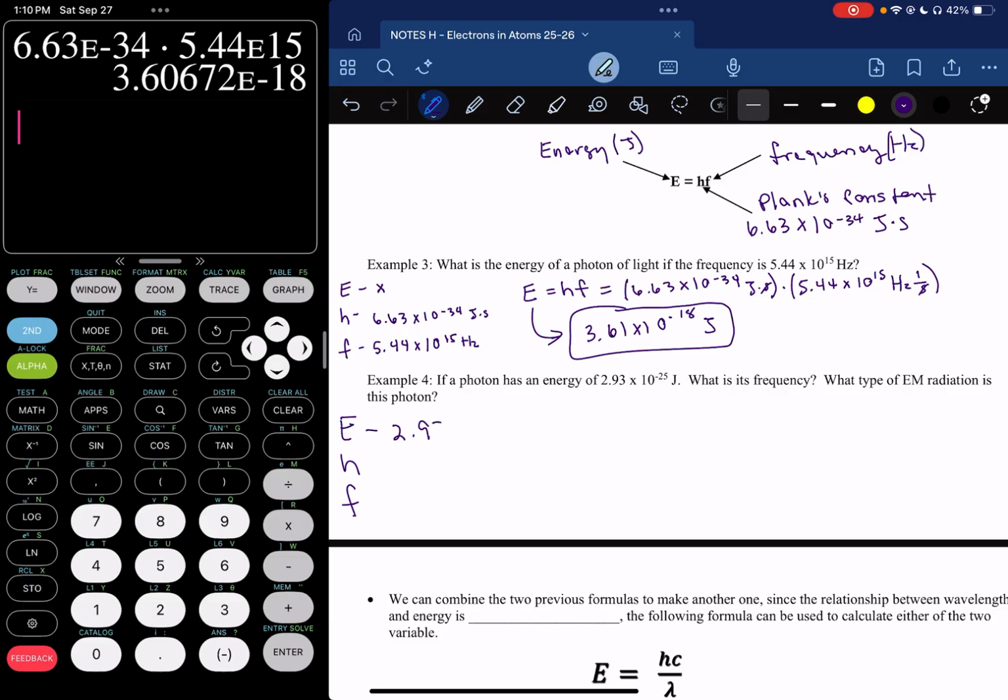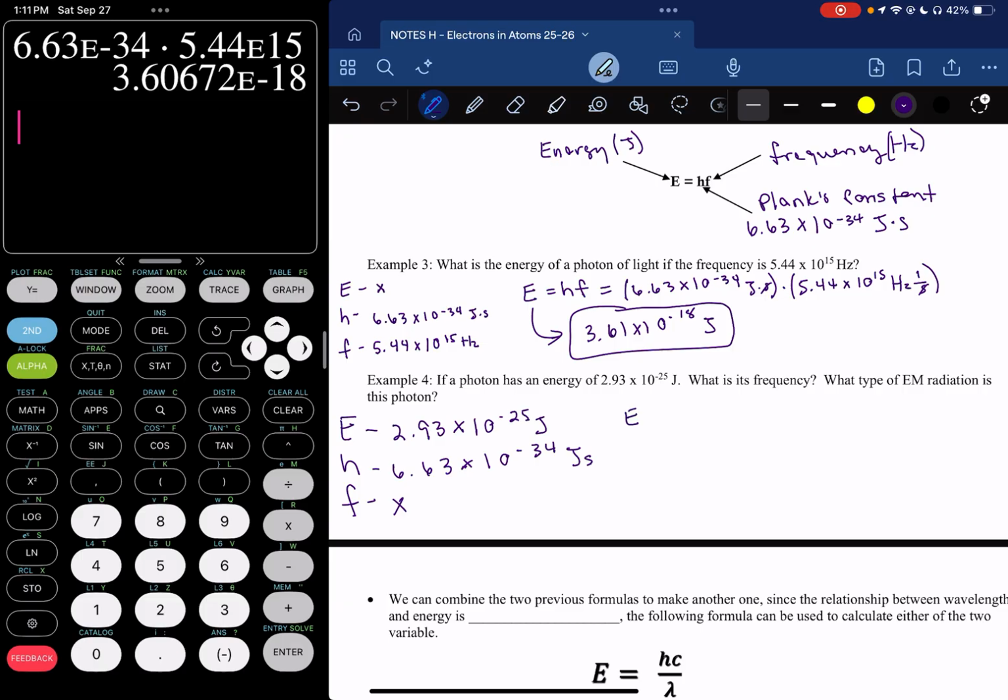So 2.93 times 10 to the negative 25 joules. And then Planck's constant is always going to be 6.63 times 10 to the negative 34 joules seconds. And then our frequency is our unknown.